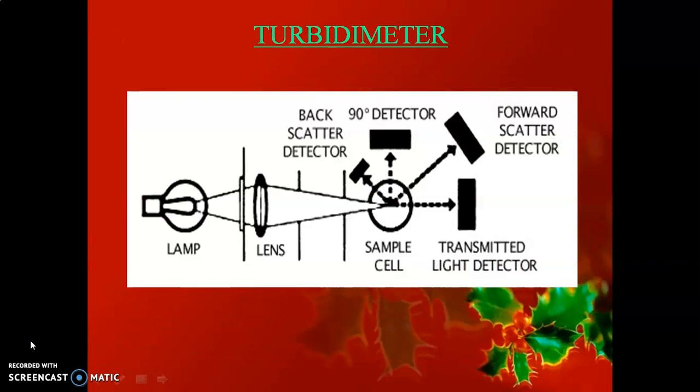Mostly in nephelometry, the configuration is as represented here: lamp, lens, sample cell, and at 90 degrees the detector is situated. But whenever the detector is situated at 180 degrees, the light is transmitting, so this is the arrangement for the turbidimeter.